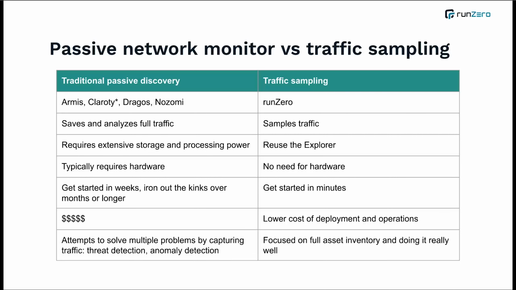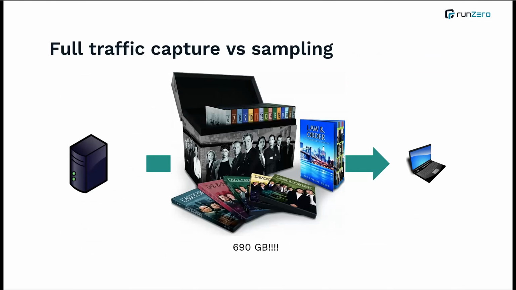We are different. Now, one of the reasons why we're able to differentiate so well is because we are focused on doing asset inventory, just asset inventory, very, very well. This allows us to simply sample the traffic rather than saving every single bit and byte that crosses the network. I want to drive home this idea of why traditional passive discovery capabilities need to be supported by massive hardware.